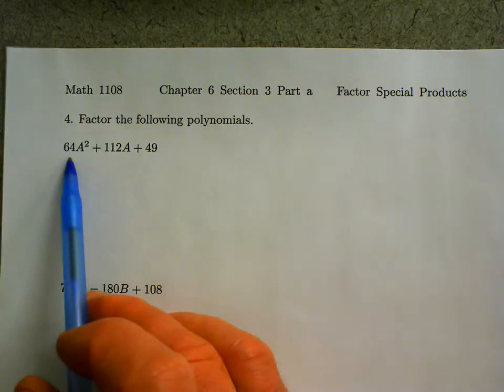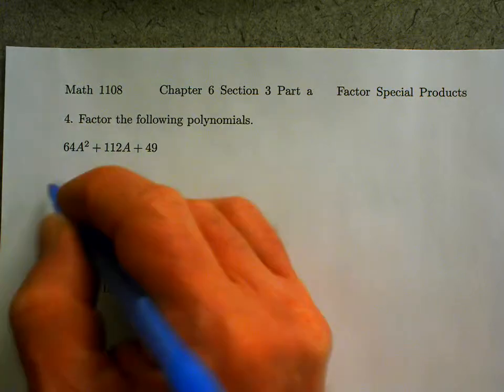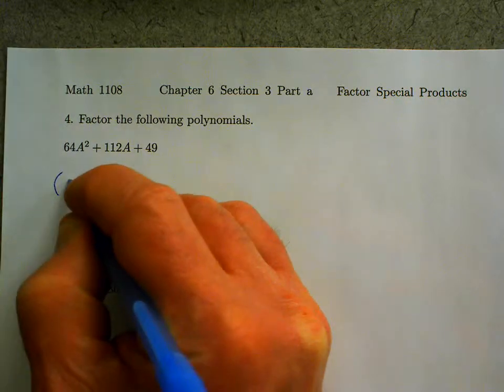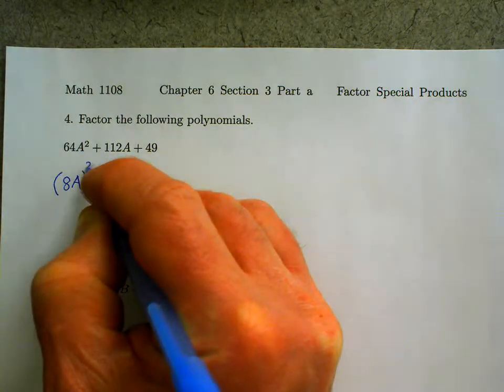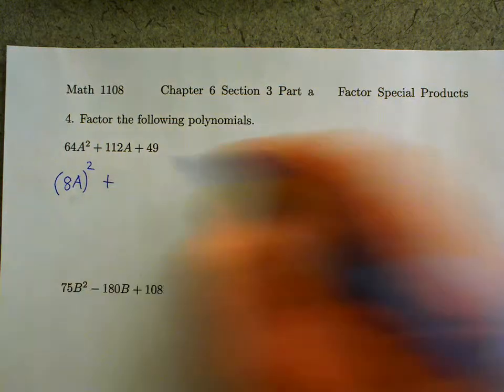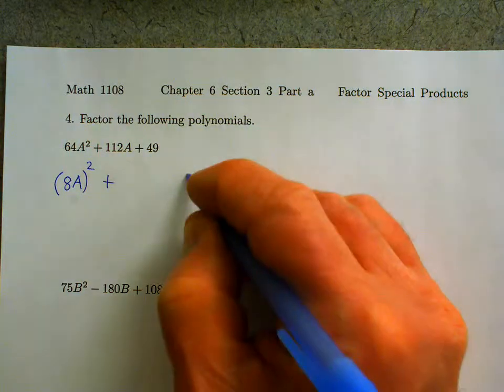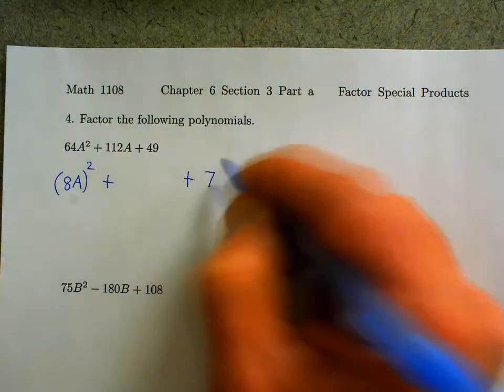Okay, but notice the term on the left is a perfect square, 64a to the second. That's the same as squaring the term 8a, because 8a times 8a is 64a to the second. The term on the right, 49, is a perfect square. That's the same as squaring the number 7.